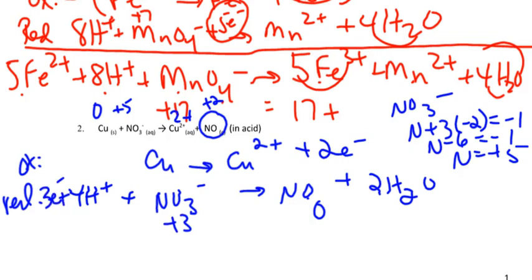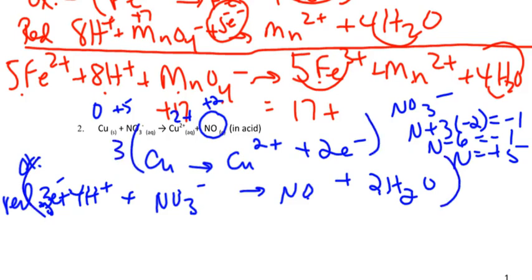Okay, again, does this make sense? Oxidation. LEO: lose electrons. Yes, I lost 2 electrons. GER: gain electrons. Reduction. I gained 3 electrons right over here. There we go. So that does make sense. Now, my problem is that my electrons are not balanced.